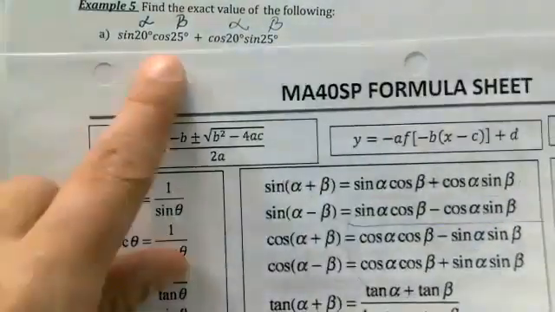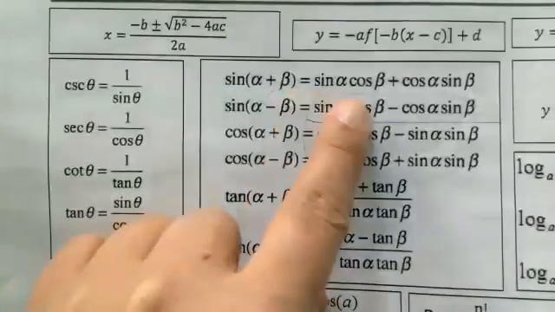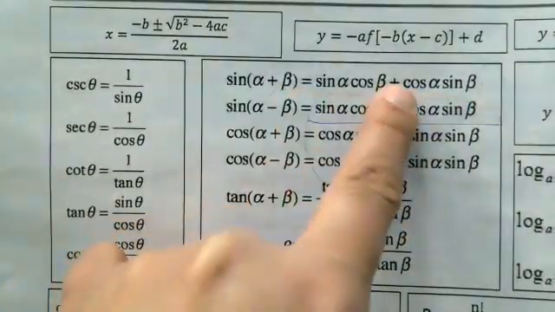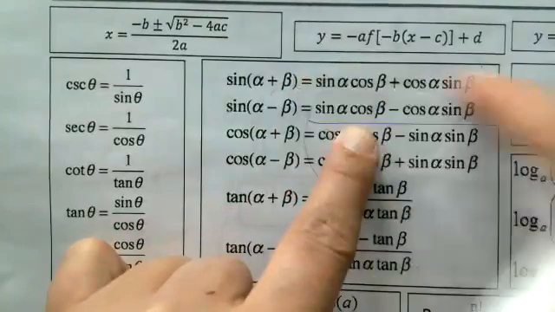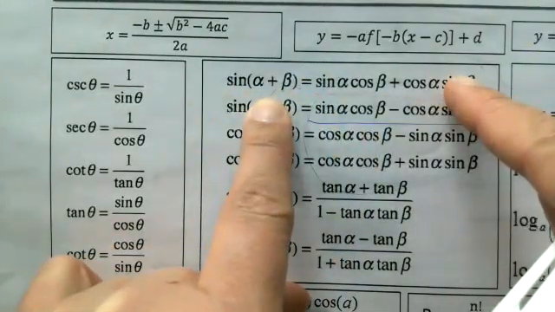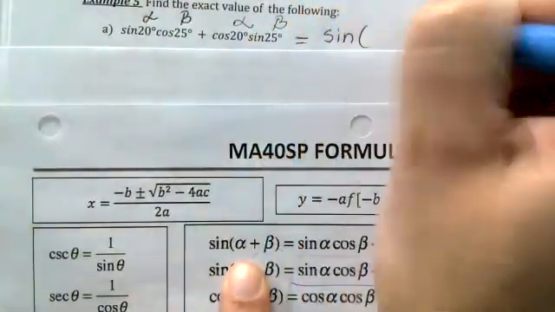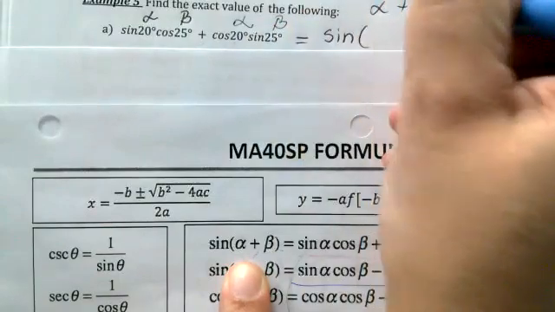Now, which formula would this be? Sine, cos, cosine, sine with a plus in the middle. It's the right-hand side of this first expression. That means I can replace it with sine of alpha plus beta.